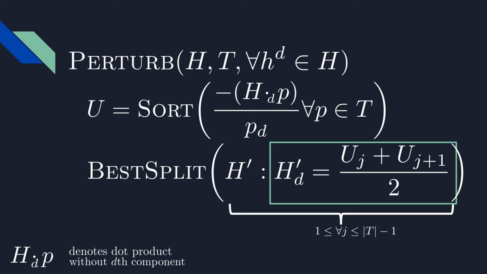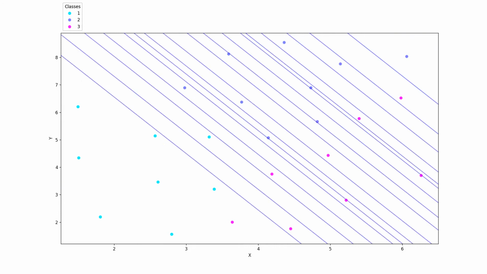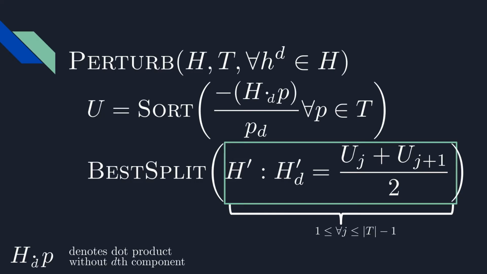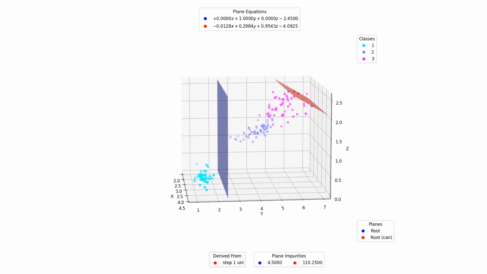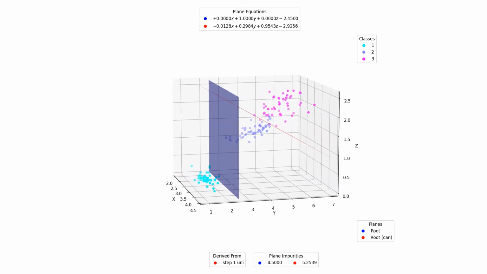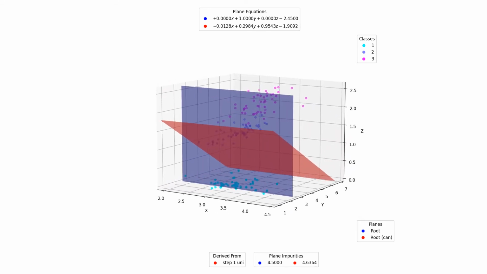If we find the midpoints for each successive coefficient for the sorted coefficients, we obtain t-1 hyperplanes separating each of the data points. After that, we examine each of these hyperplanes for the best, least impure split. In effect, the perturbation searching process amounts to a sweeping through the data points for the best split.